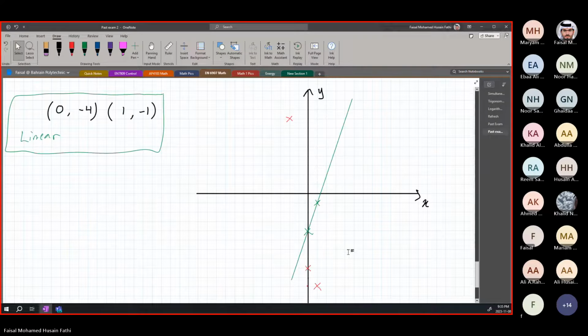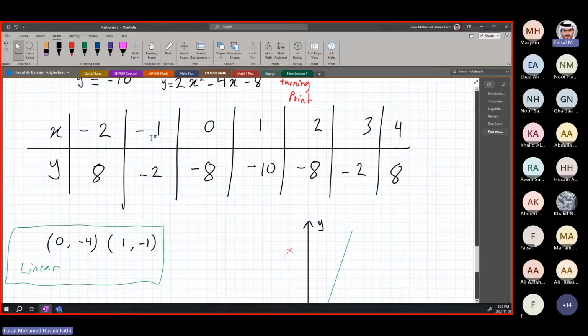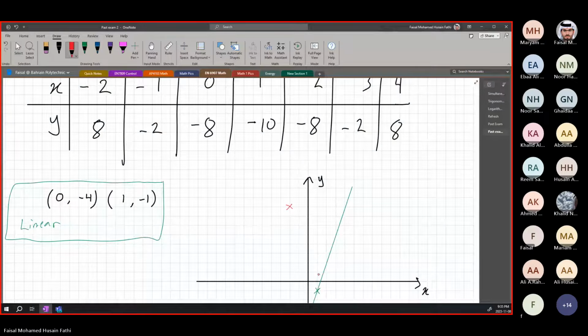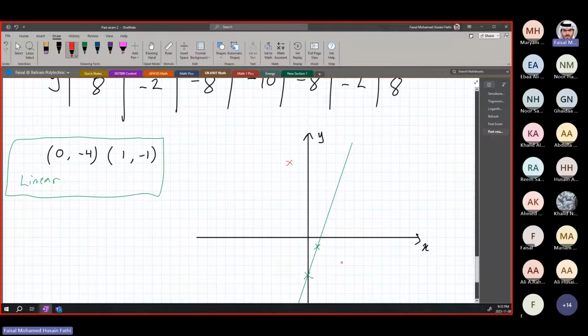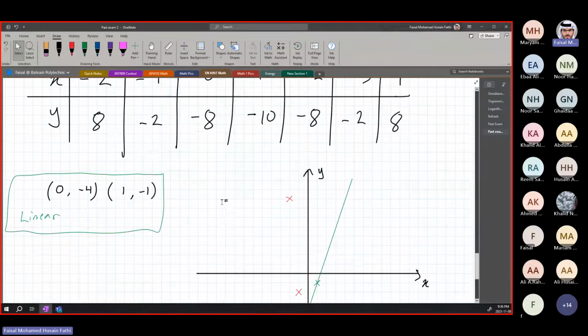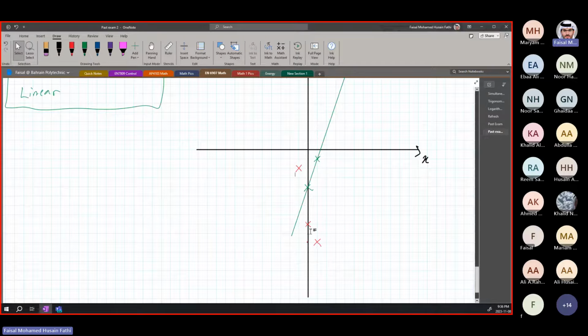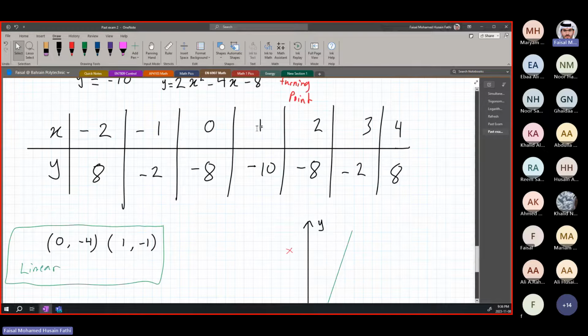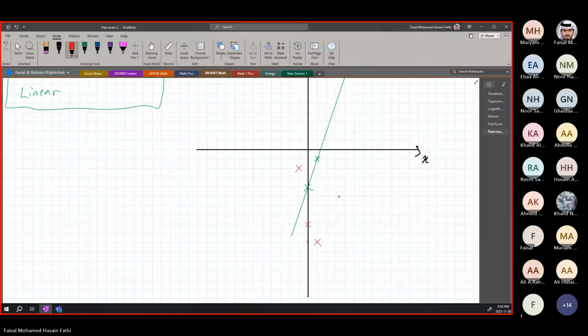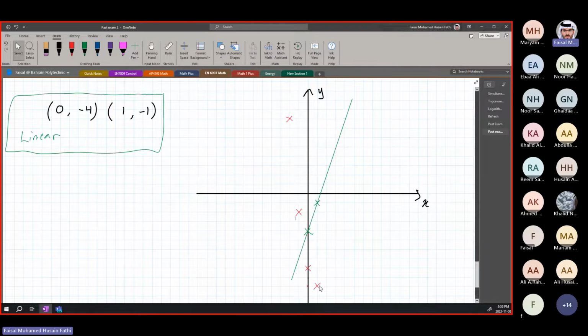The second point was minus 1, minus 2. X is minus 1, y is minus 2, so it will be down actually. Minus 1, minus 2 here. Then the third point is 0, minus 8, which is our intercept, which we already have. The fourth point is 1, minus 10, our turning point, which we already have.